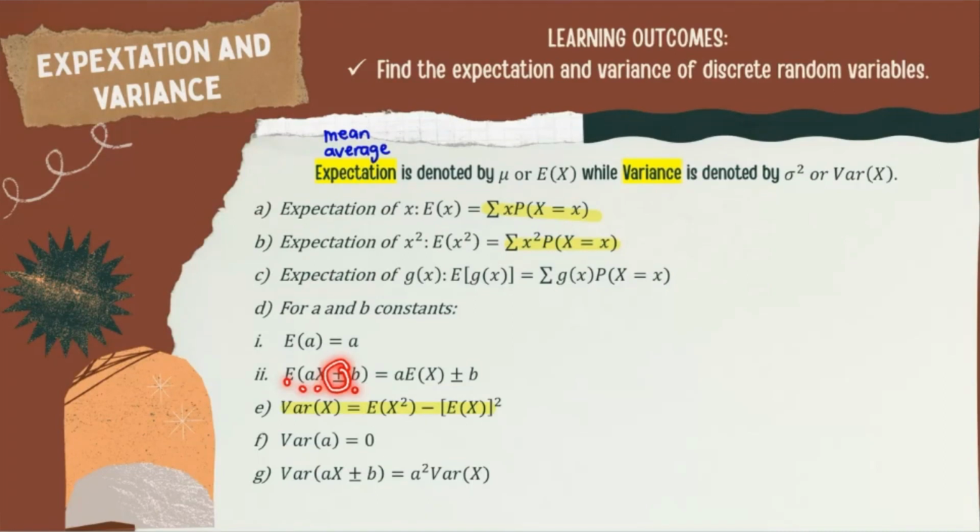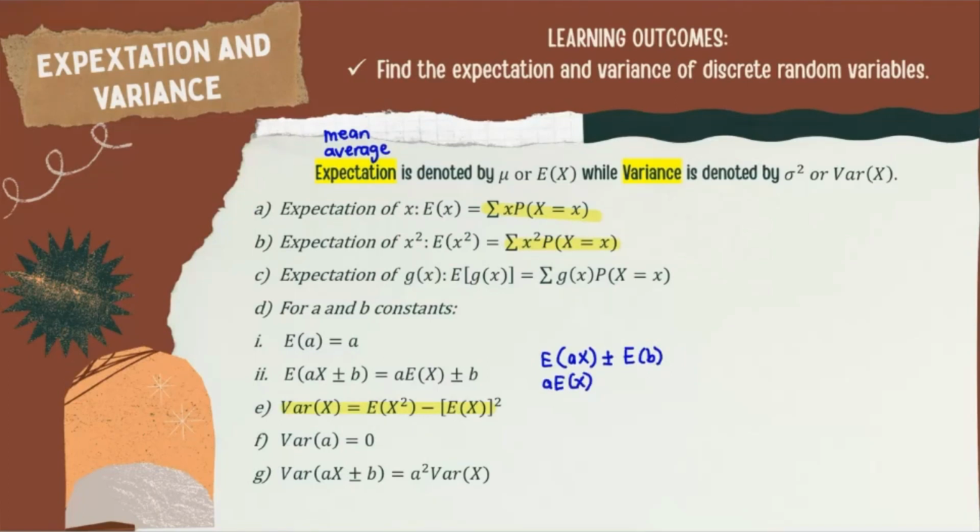So what can we do? We can factorize A outside of E of X. And then we plus minus with B. So kenapa dia directly plus minus dengan B? Sebab, let's say kalau saya expand this one, it is actually E of AX plus or minus E of B. So tadi constant ini kita boleh bawa dia keluar.